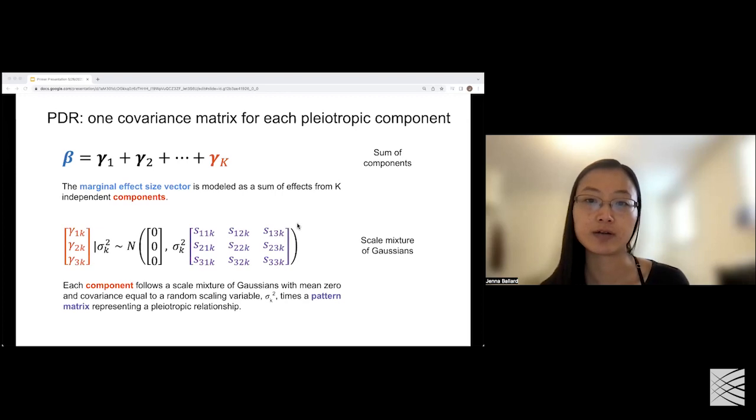Each component follows a scale mixture of Gaussians that have zero mean and covariance equal to a random scaling variable, sigma k squared, multiplied by a pattern matrix representing some specific type of pleiotropic relationship, such as trait-specific SNPs or SNPs that affect different subsets of traits with particular correlation patterns. The scaling variables determine the proportion of SNPs that have an effect size of a given magnitude. For example, if sigma k squared for a SNP is 0, that SNP does not affect component k.